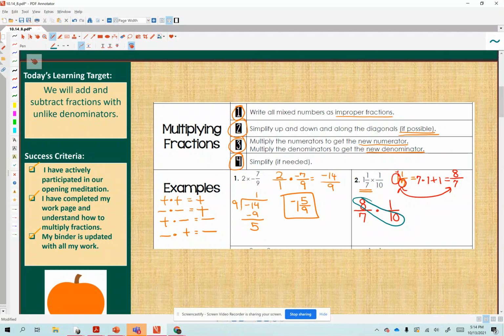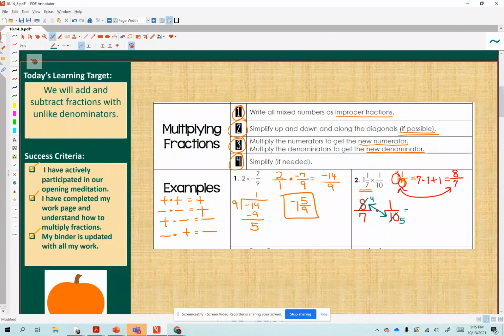There is. They are both divisible by 2. So here's what we will do to simplify those numbers before we multiply. 8 divided by 2 is 4, and 10 divided by 2 is 5. We only compare the diagonals.